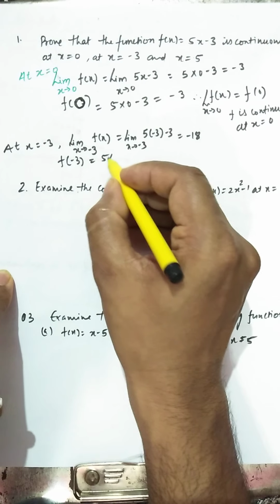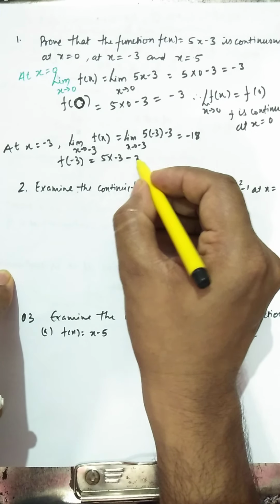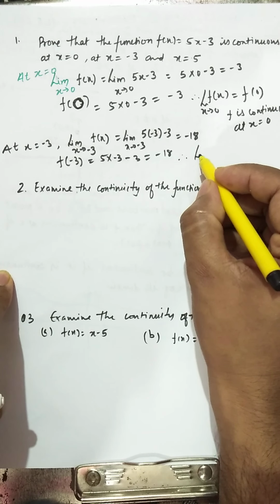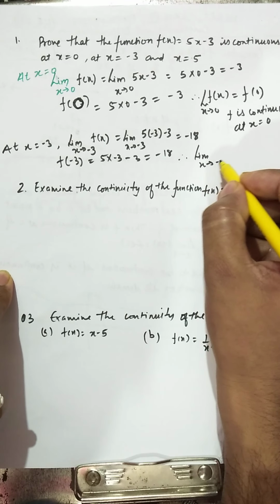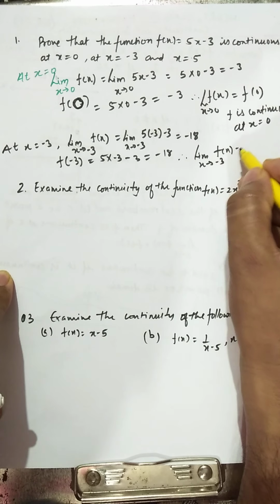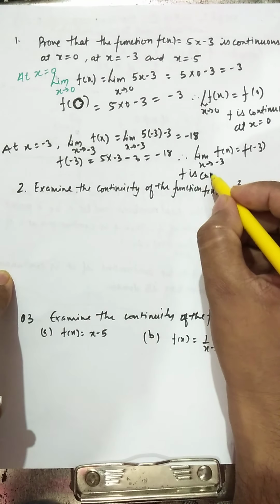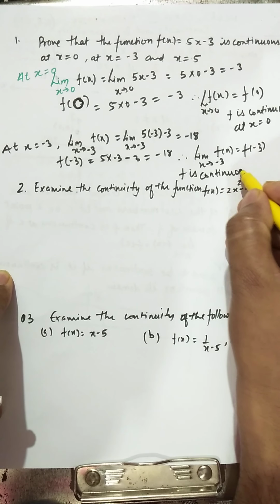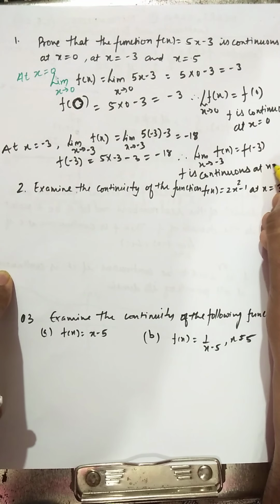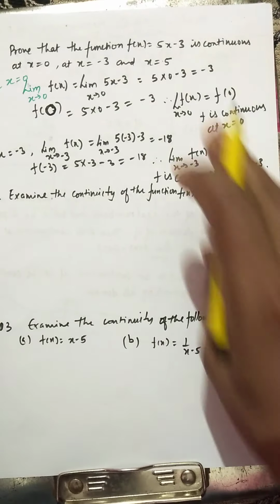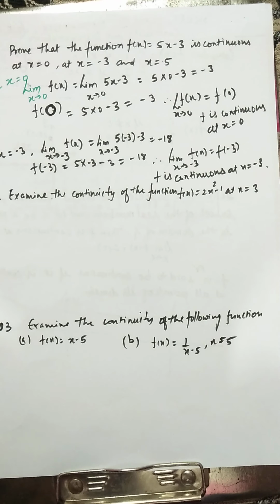This is 5 into −3 minus 3, so again the answer is −18. Therefore the limit as x tends to −3 of f(x) equals f(−3). So you can say f is continuous at x = −3. This way you can now try for x = 5 and see whether this function is continuous or not.